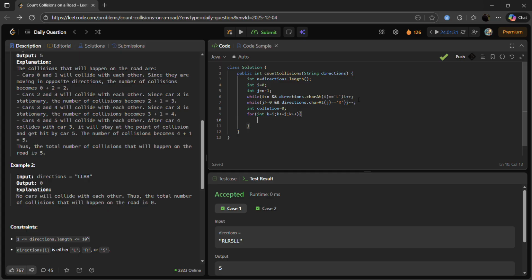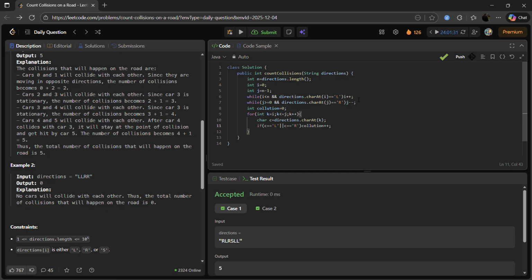Like, let's have the character first. Character c is equal to directions.charAt(k), and if that c is equal to L or c is equal to R, we can increment the collision, which is collision plus plus.